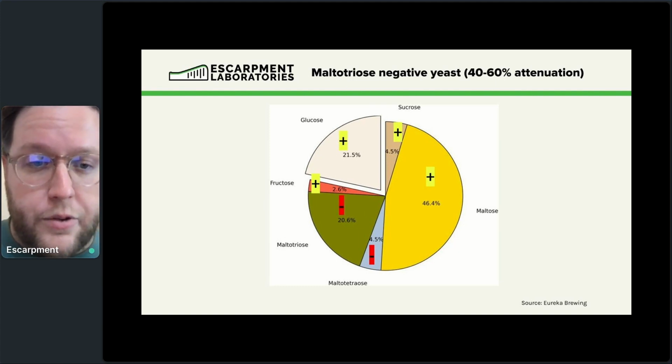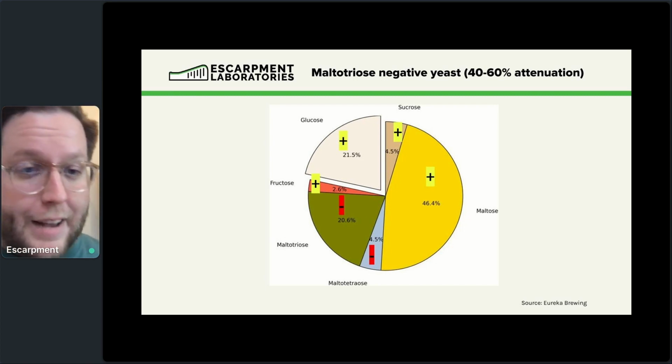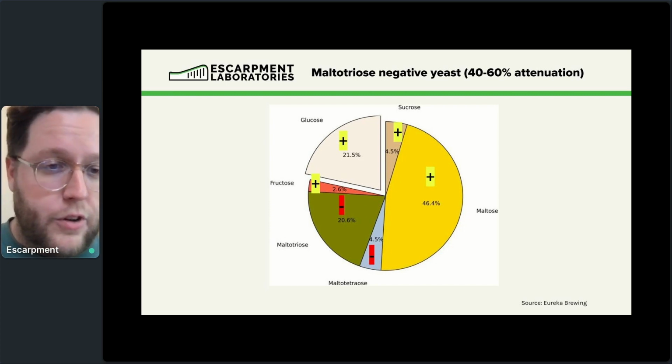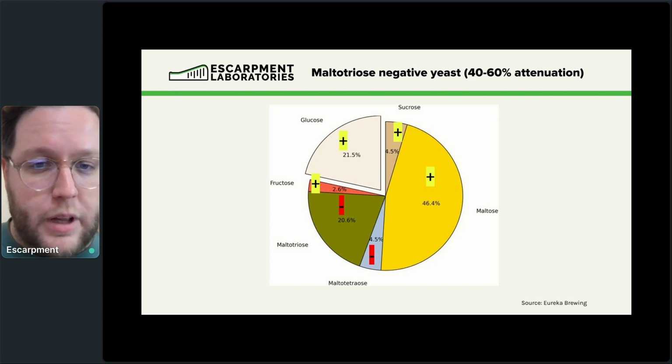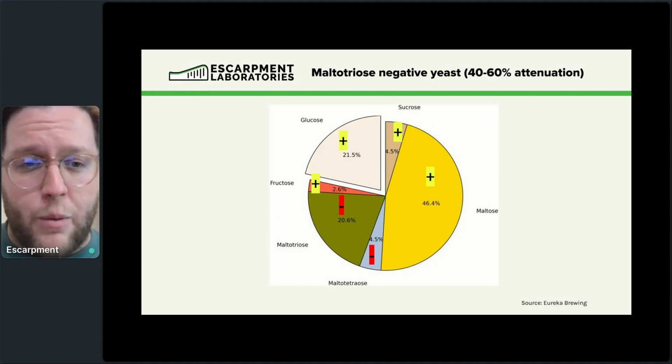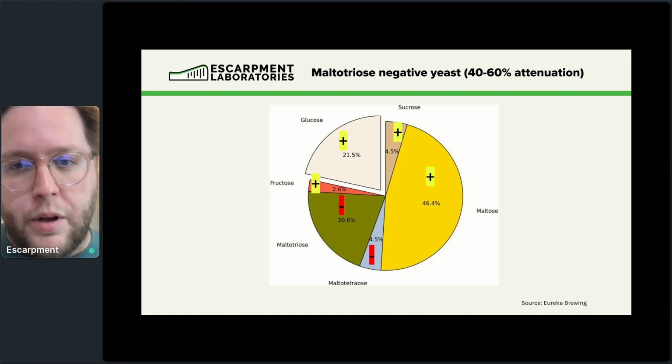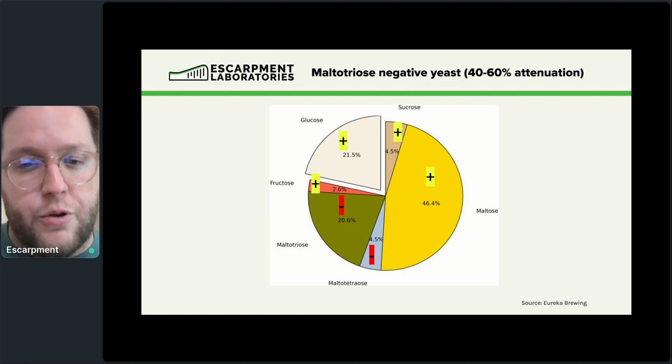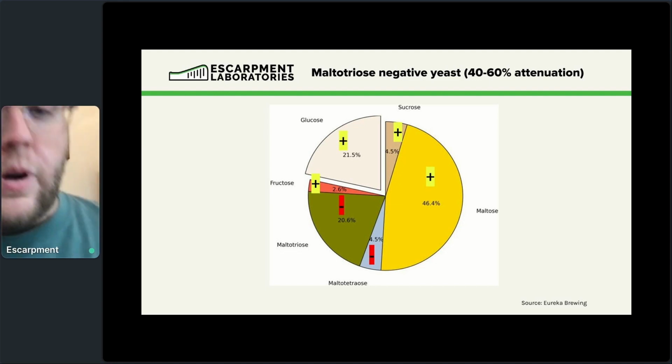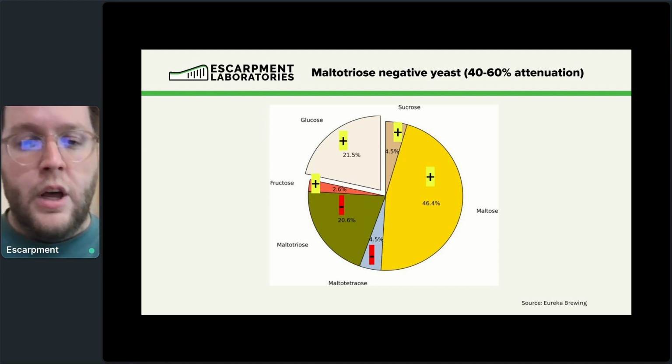If we look at a maltotriose negative yeast, a classic example, for those who started homebrewing 10 or 12 years ago like I did, is that dry Windsor strain. I believe it's maltotriose negative, so it's really low attenuation. You're only going to get about 40 to 60% attenuation, depending on how the wort is made. Oftentimes for non-alcoholic beers, we're actually going to make wort to maximize the maltotriose and larger sugar content and make a less fermentable wort.